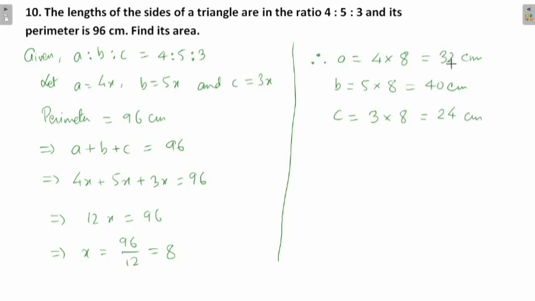Now see, we got the values of A, B and C. You are asked to find the area. Obviously you'll find the area using Heron's formula. After that you will complete it by yourself.